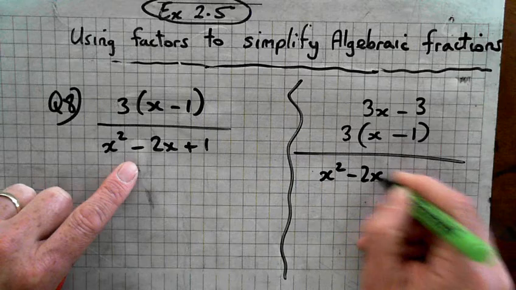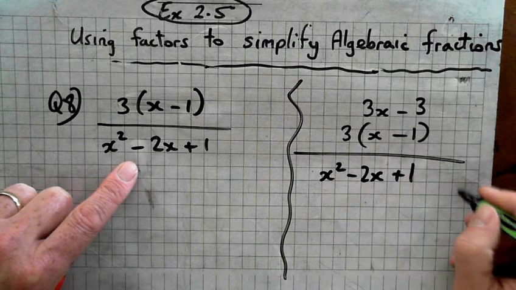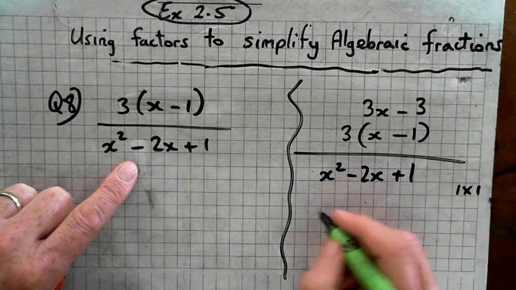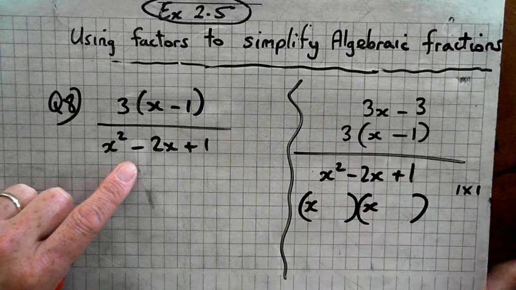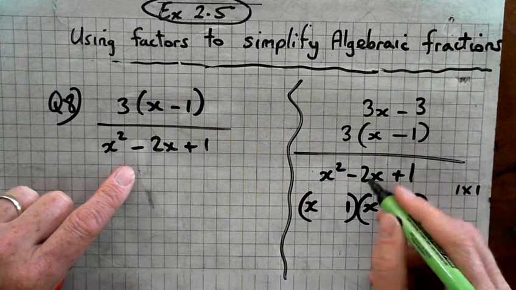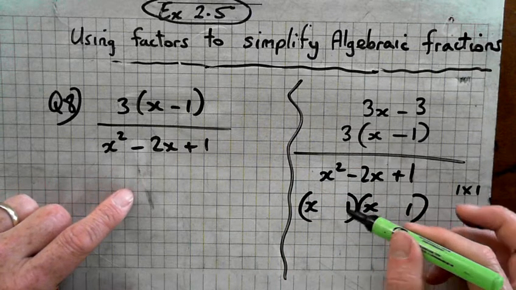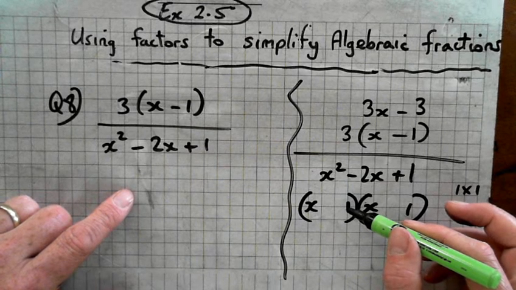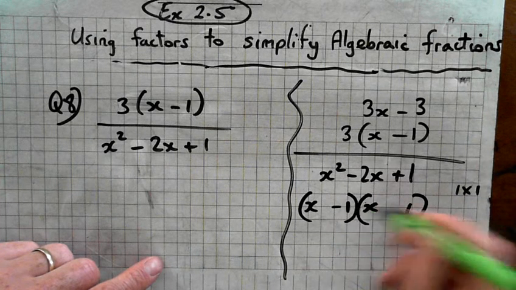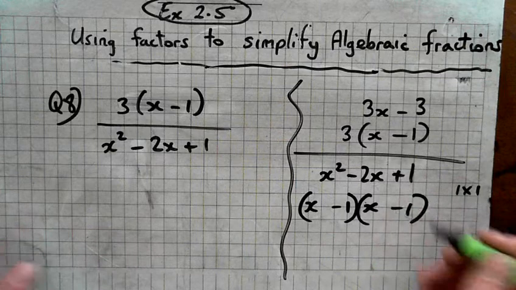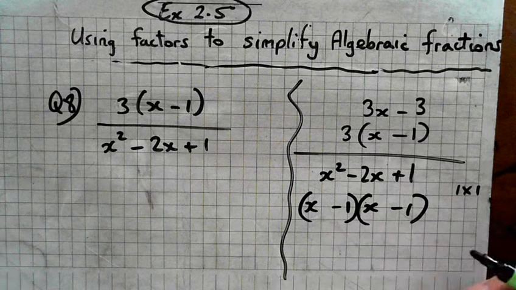x squared minus 2x plus 1. The factors of 1 are just 1 times 1. So I need brackets. x, 1 and 1. How do we get minus 2? On the number line, if I start at minus 1 and I jump minus 1 step, I get to minus 2.